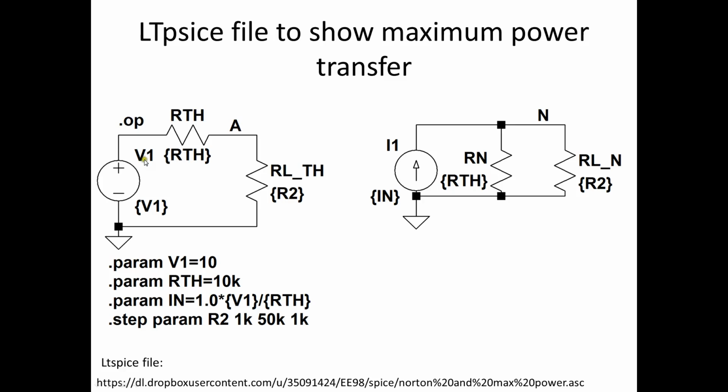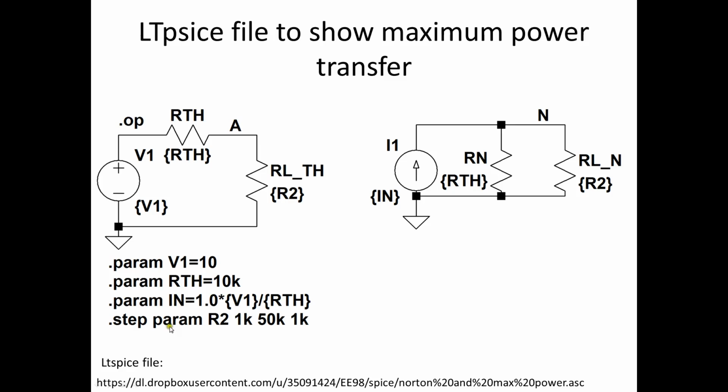This V is a variable again, V1, and I just set that equal to 10 volts. And over here I have the I Norton, and here I've programmed it. I Norton equals 1.0 times V1 divided by R Thevenin. That's the source transformation.